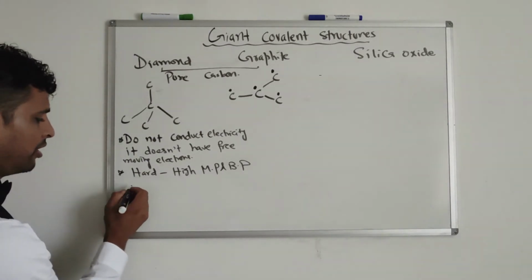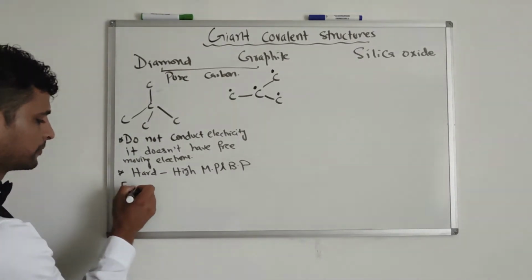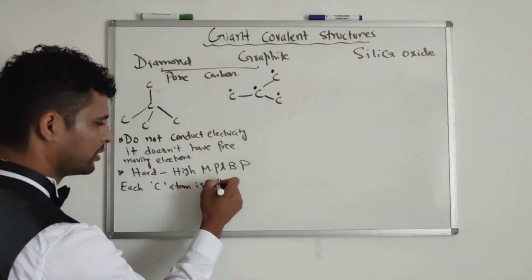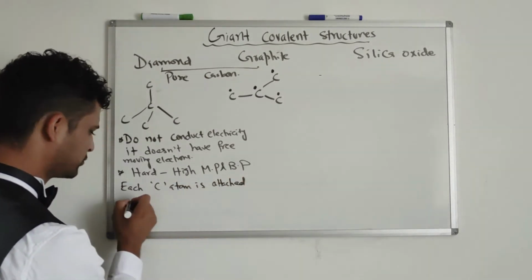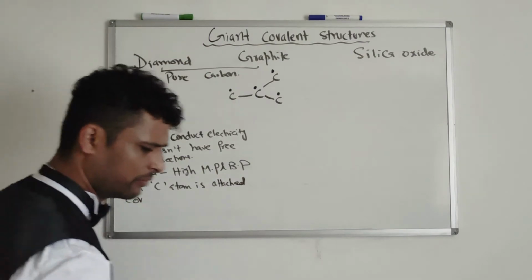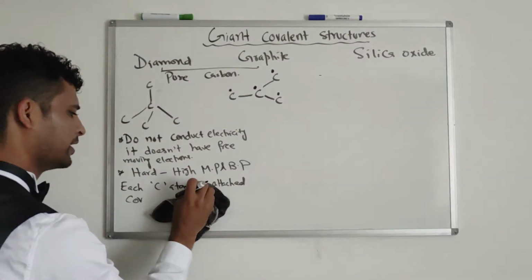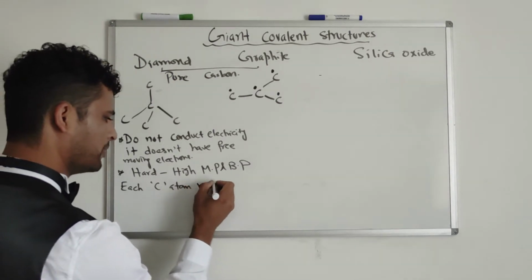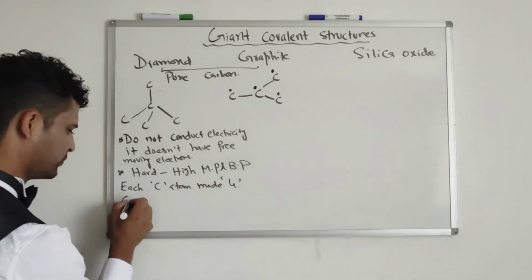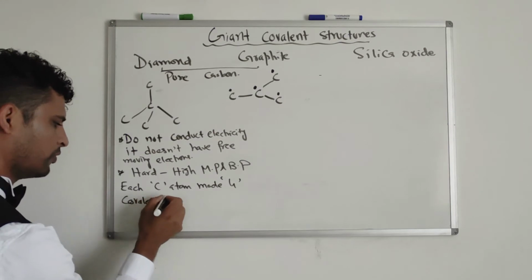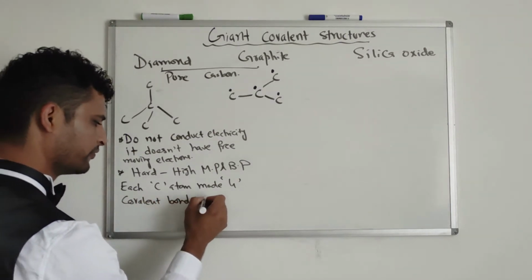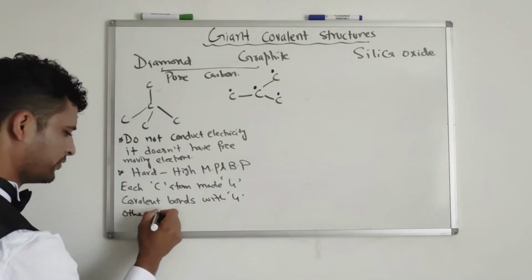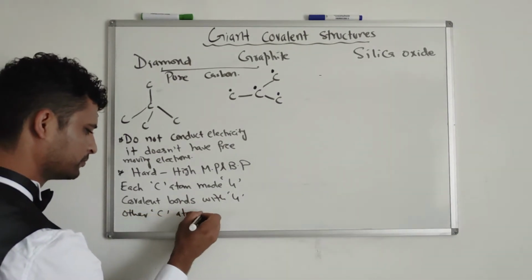It is hard because each carbon atom is attached covalently, or I'll make it simple for you: each carbon atom made 4 covalent bonds with 4 other carbon atoms.